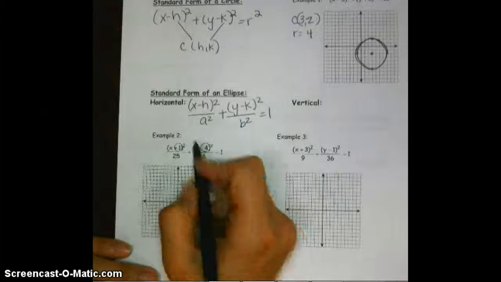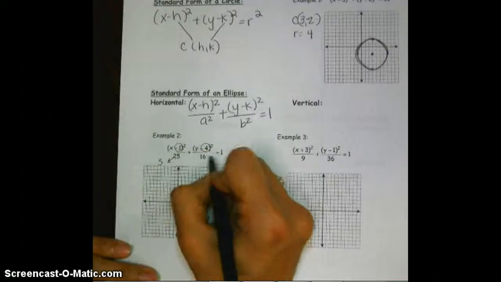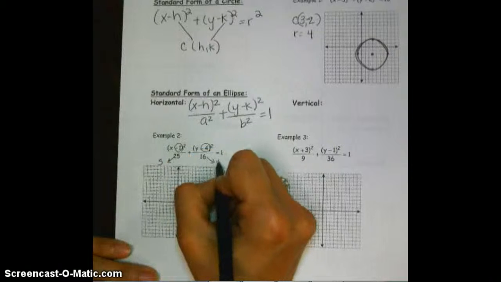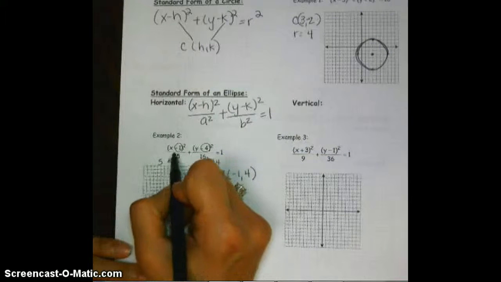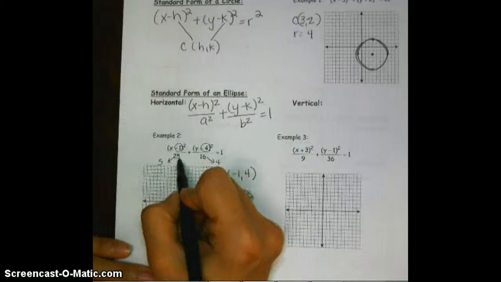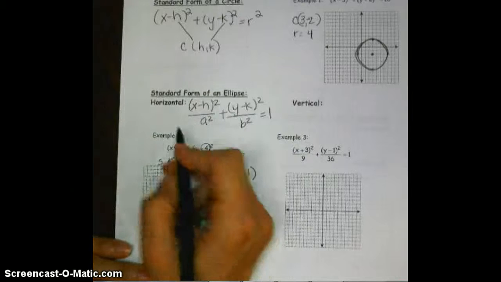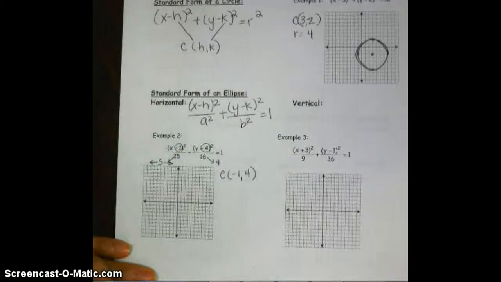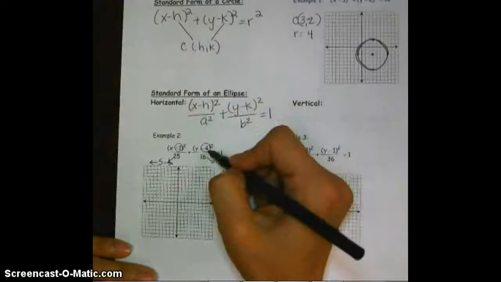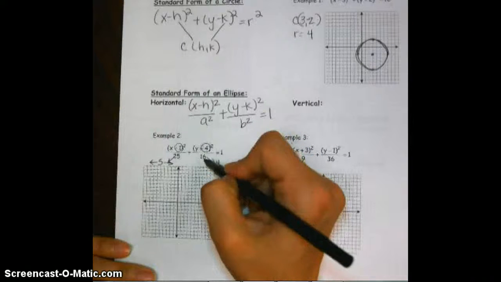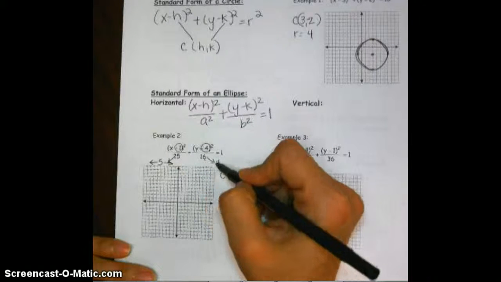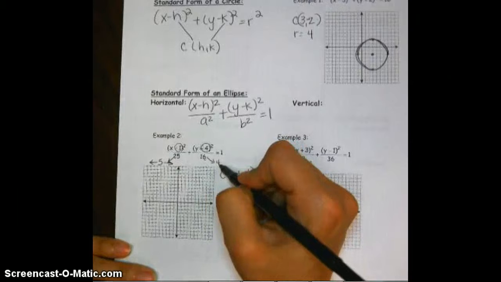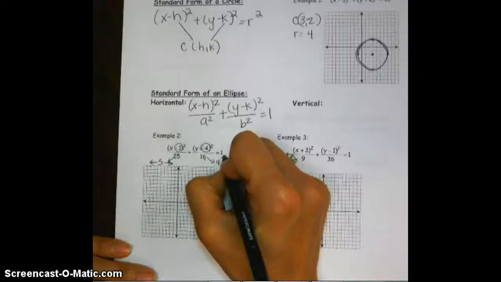So if you take the square root of each of those, they tell you how to move from the center. So in the x direction, because 25 is underneath the x value, that means in the x direction, which is left, right from the center, I'm going to move 5 spaces. And then on the y, I have a 16 underneath it. So that means from my center, the up-down movement from the center point is going to be 4.